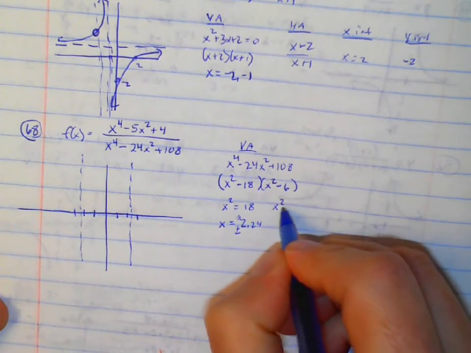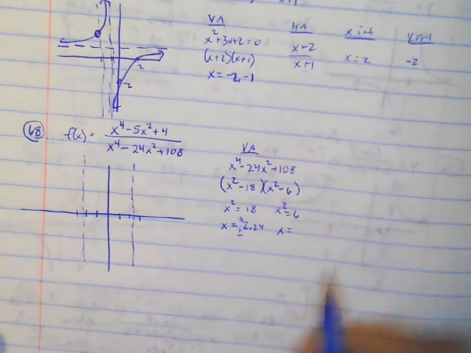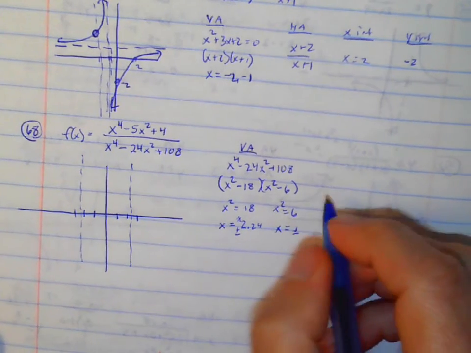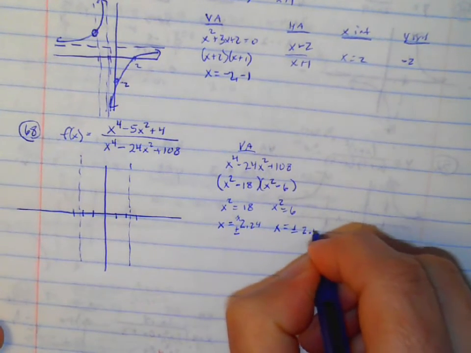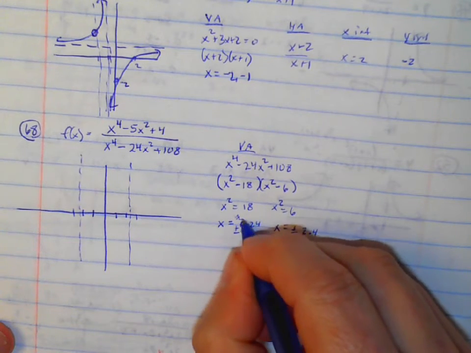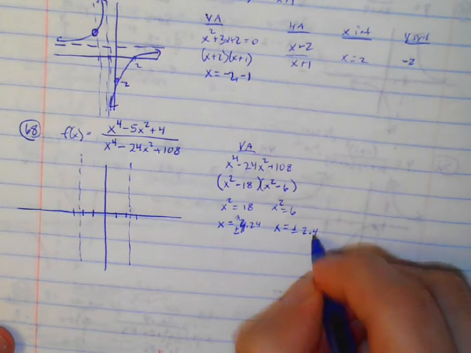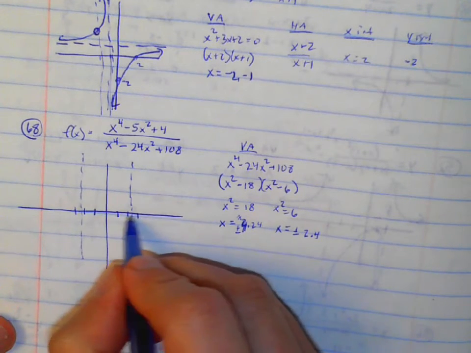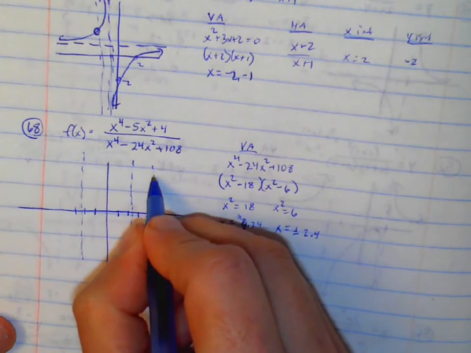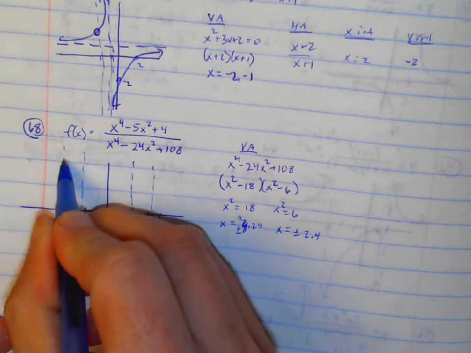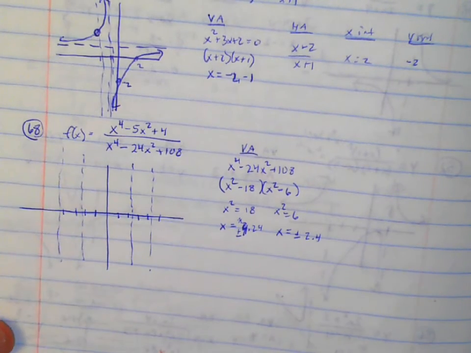You get x squared is equal to 6, so plus or minus the square root of 6. The square root of 6 is 2.44. I'm sorry, that'd be 4.24, I got that wrong. So we'll take these two as 2.4 and then 4.24 there, and there. So we got our asymptotes there.